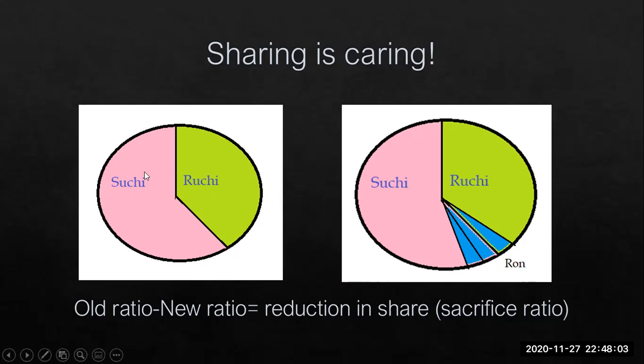So this is called the old ratio, this is called the new ratio. Whenever we try to solve the problem as old ratio minus new ratio, the old ratio is larger compared to the new because there is some part which goes to Ron, and this ratio is called the sacrificing ratio or the reduction in share.